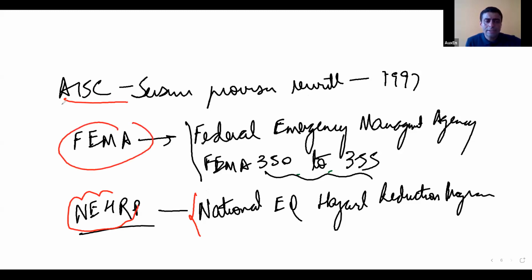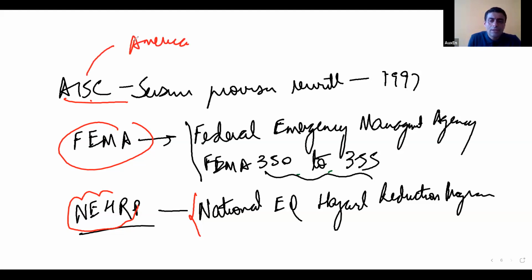What is the full form of AISC? American Institute of Steel Constructors. No. What is the full form of AISC? Let me just search for the AISC full form. Yeah, American Institute of Steel Construction. AISC stands for American Institute of Steel Construction.